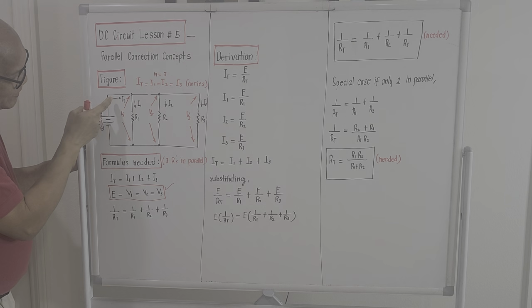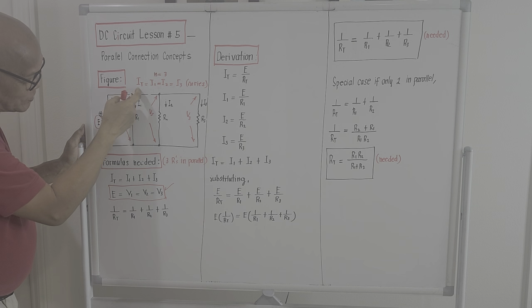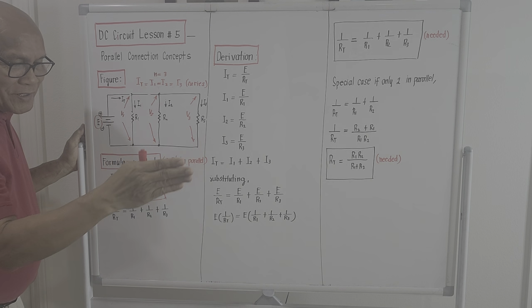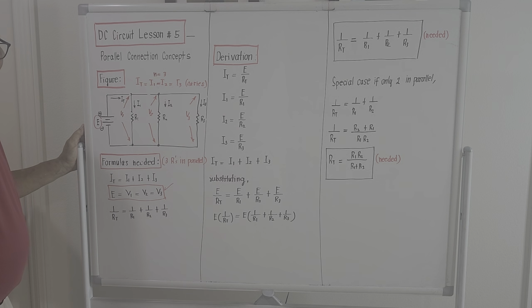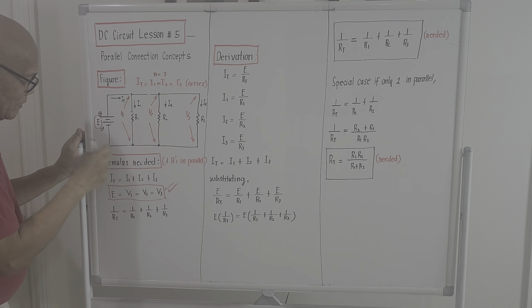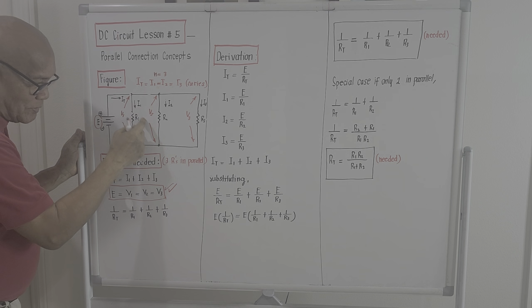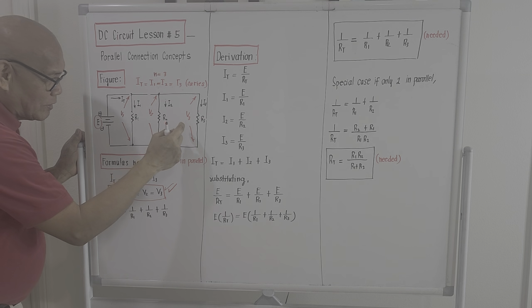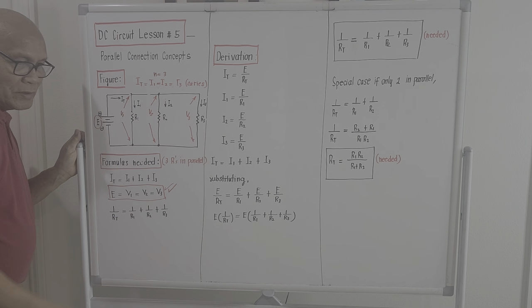On the figure, I didn't place any internal resistance here. But if there is, that's a different story. So the formulas needed for parallel connection: the applied voltage is same as the voltage across R1, same as across R2, same as across R sub 3.